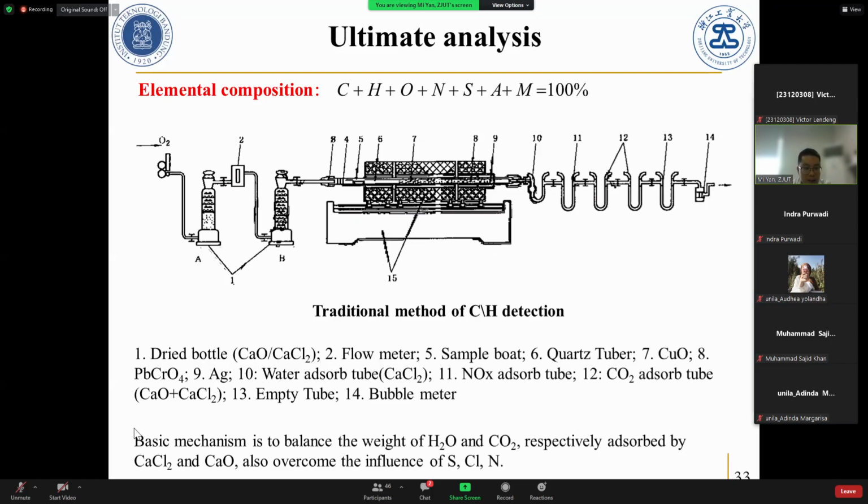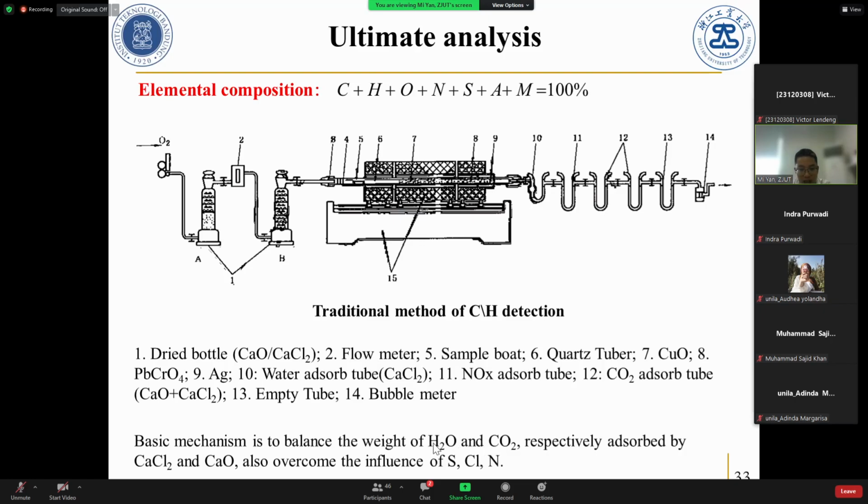The basic mechanism is to balance the weight of water and CO2, because the carbon and hydrogen in the MSW burn and become CO2 and water, right? We just absorb the moisture and absorb the CO2.